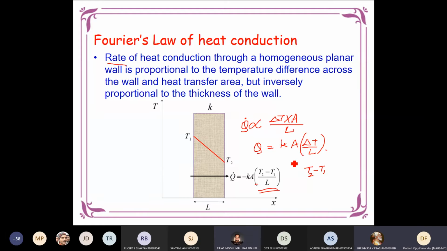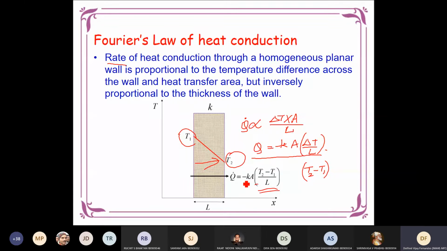Negative. So if you substitute this here, this quantity will be negative. But we know that if the temperature is higher here and lower here, heat will flow in this direction, the positive x direction. So we have to make this quantity positive, so we use a negative sign there.